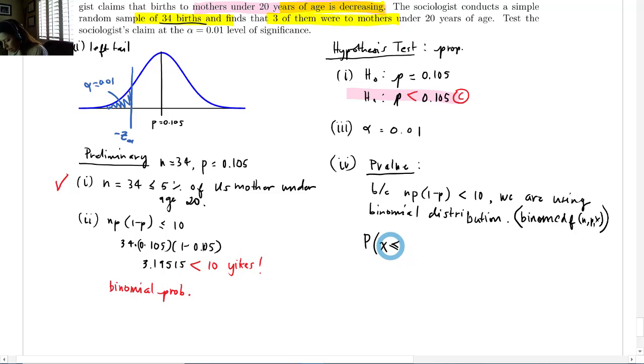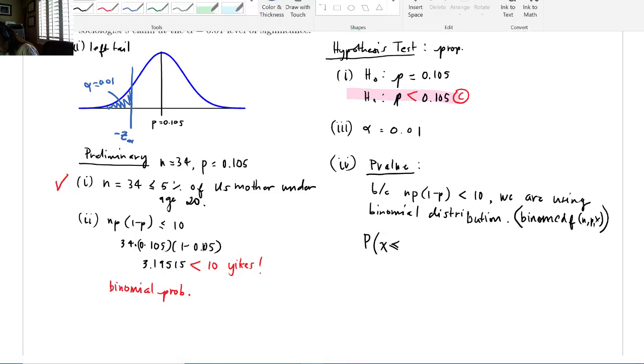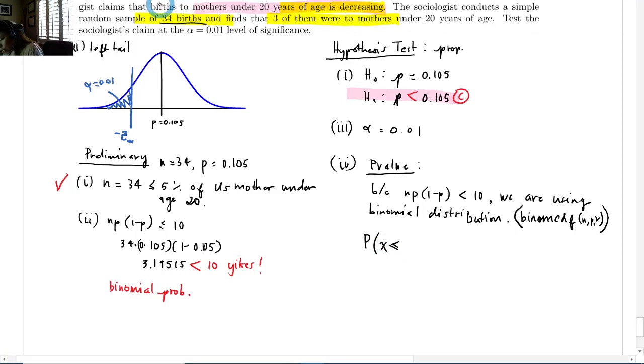So let's note some stuff on the margin. Let me choose a different color, green. So we know that we took a sample of 34 births, and the researcher found that 3 of those births had mothers that were under the age of 20 years.